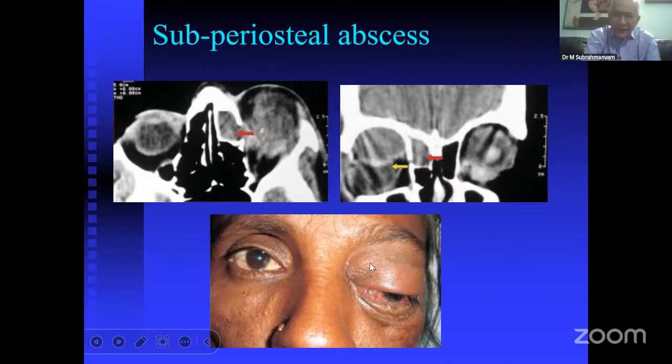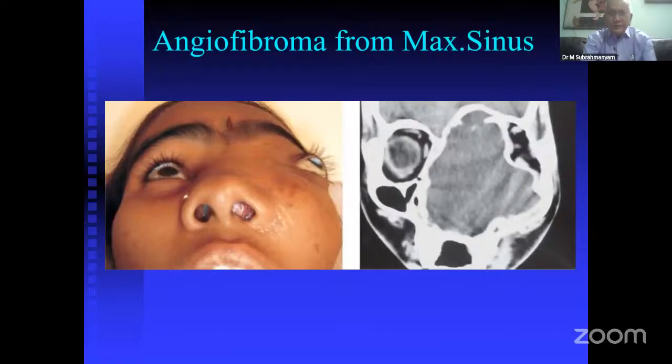And clinically here, you can see that the patient has pain. There is fullness here, in the superior space. The eyeball is depressed, pushed downwards, and there's a lot of congestion. And it is a case of a subperiosteal abscess.